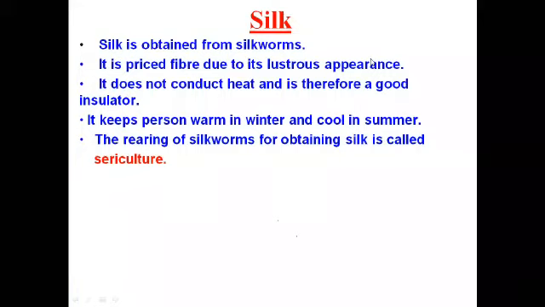The silkworm gives out protein-like saliva, and that saliva is wrapped around the silkworm to form a cocoon. This is how silk is produced by the silkworm. We will be doing it in the later slides.